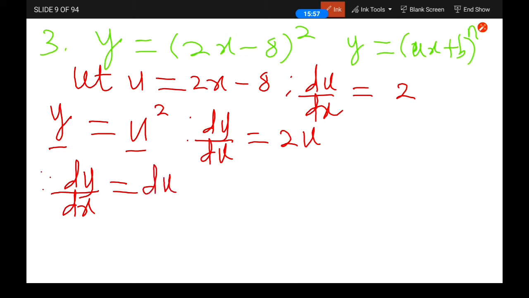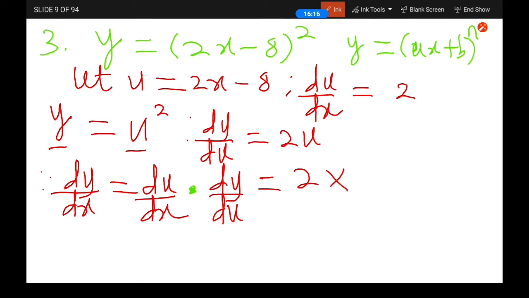Therefore, dy dx, look at the chain now, will now be equals to du dx, the chain, times dy du. Let's put the value there. What is my du dx? That was 2 times dy du, 2u.